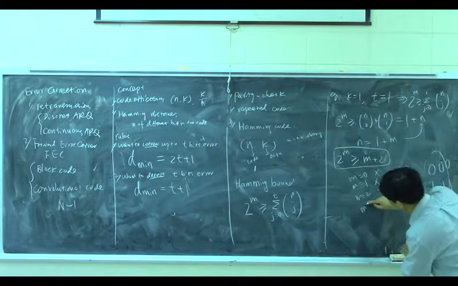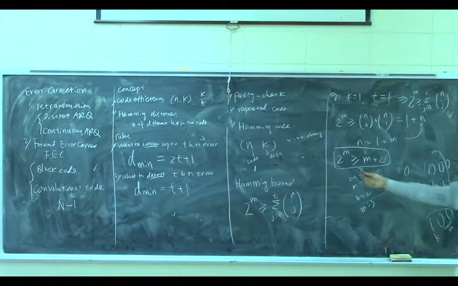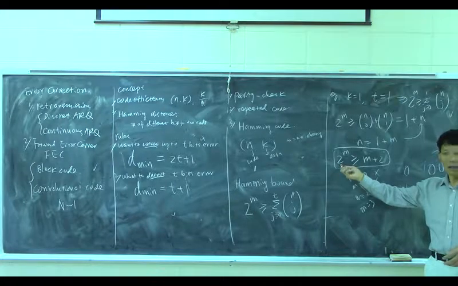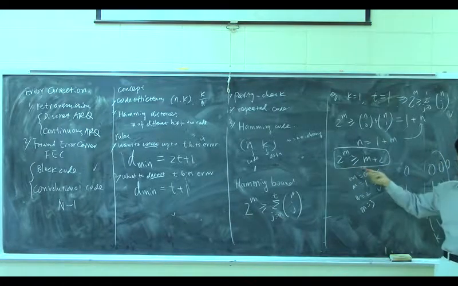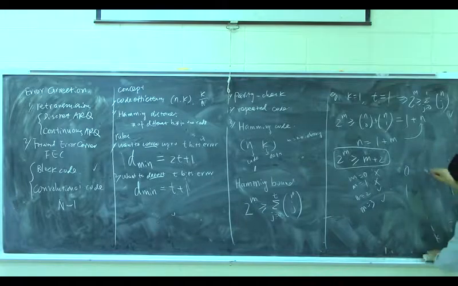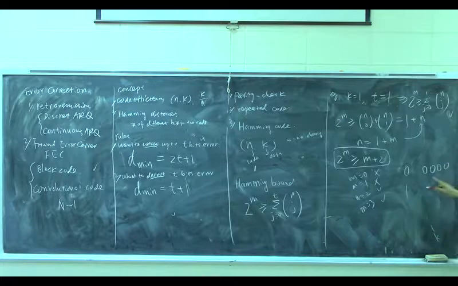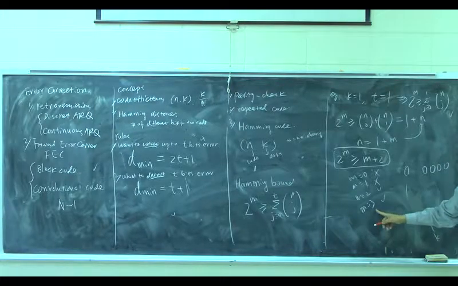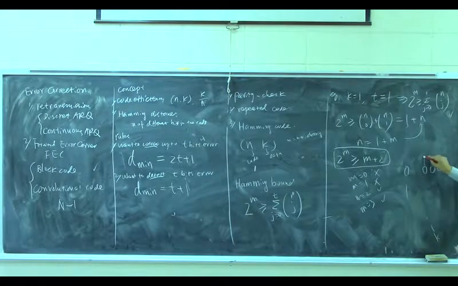How about M equals 3? What is this? 8. What is this? Good? Yes, good. That means if you want to transmit 0, I can transmit how many times? 4 times, because this M equals 3. So this is K, this is M. This code definitely can correct 1 bit of error.